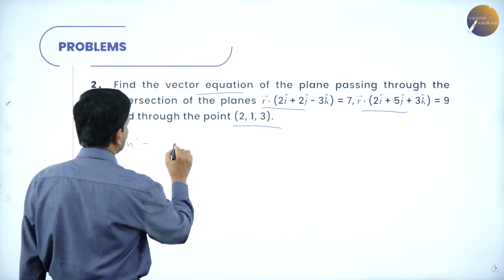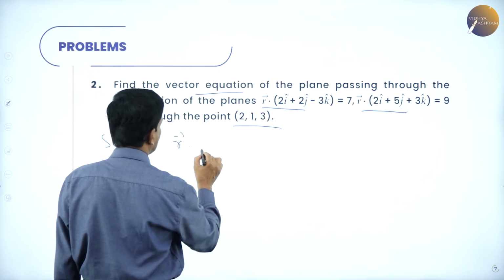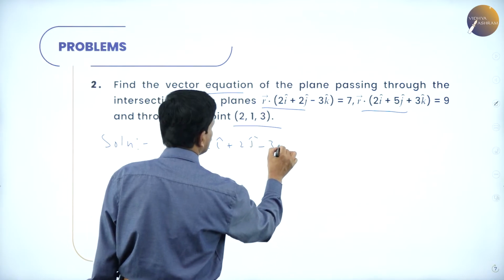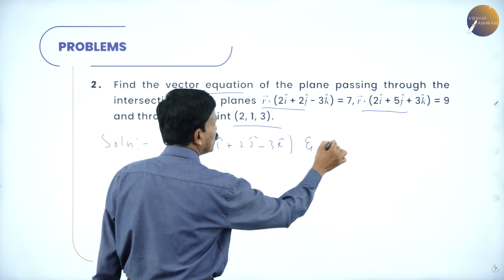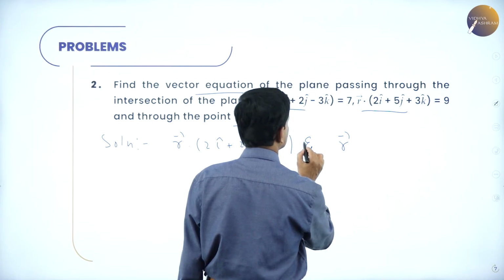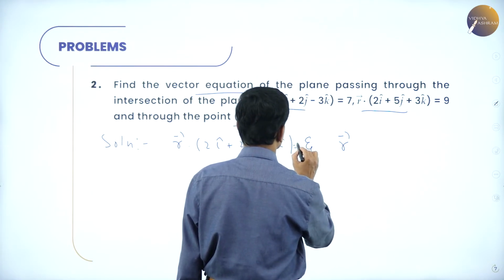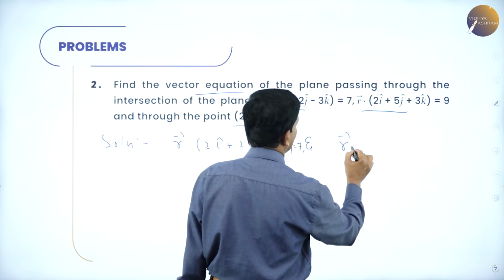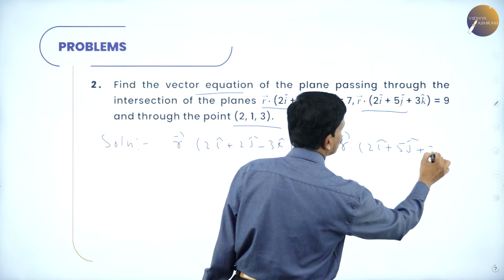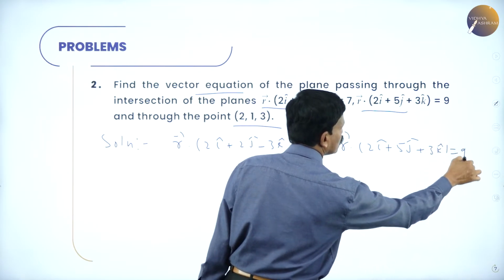Now, what are the given planes? The first plane is r dot 2i plus 2j minus 3k cap is equal to 7, and r dot 2i plus 5j plus 3k cap is equal to 9.